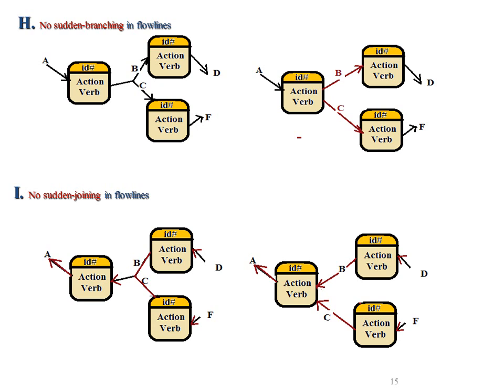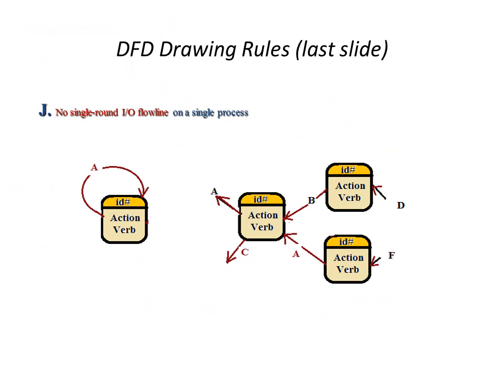On I, no sudden joining of flow lines, meaning we can't join two or more flow lines as one. Alright, and then there should be no loops within the process.